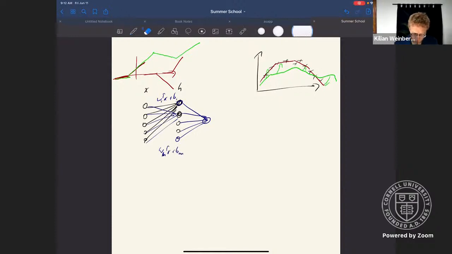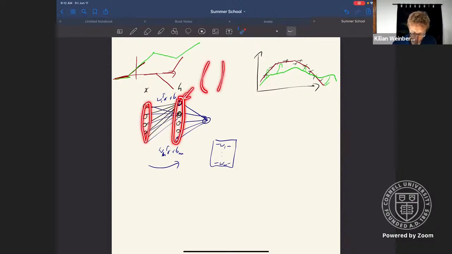And if I take all these vectors, W1, W2, Wm, I can just shove them all in one massive matrix. And so then I can write this entire transformation going from this vector to this vector, where the second vector is basically F1 of X, F2 of X, Fm of X, in one matrix operation.